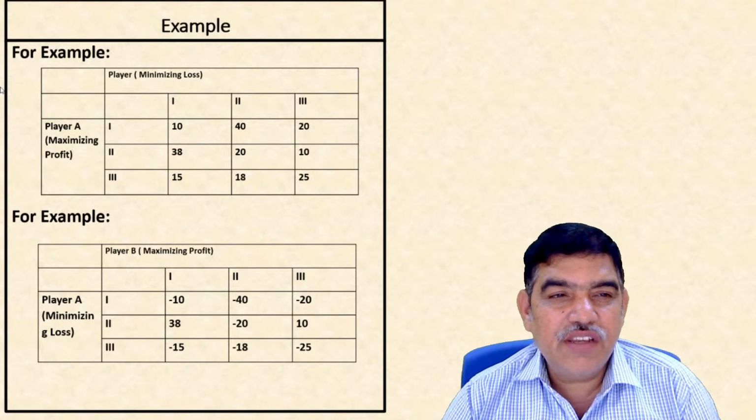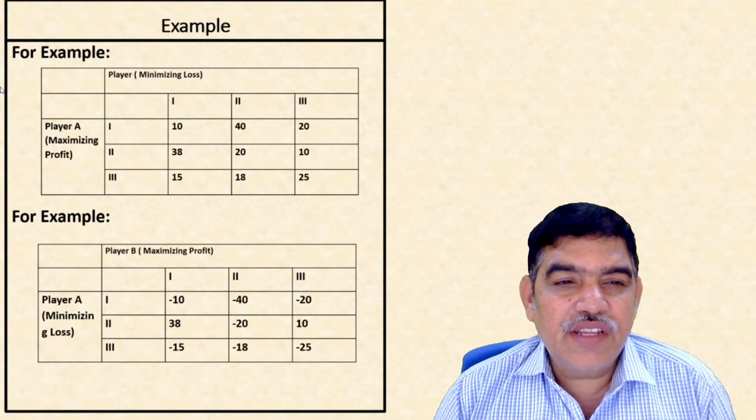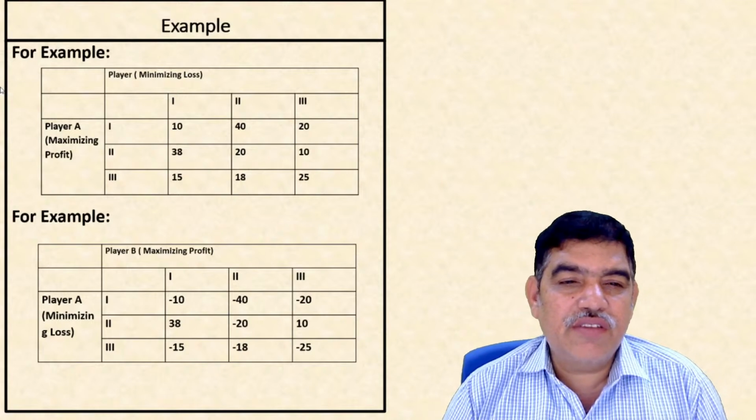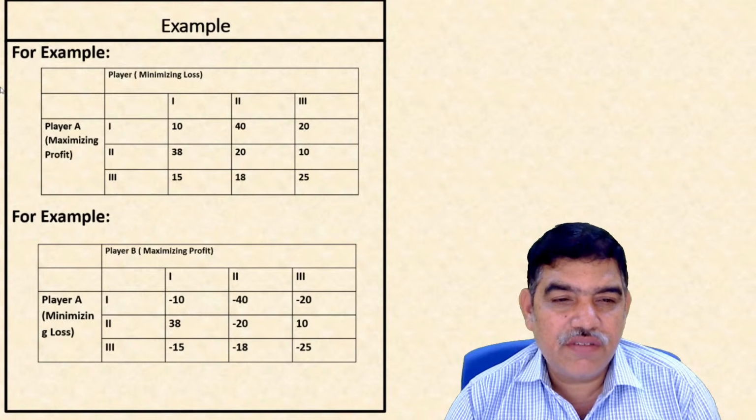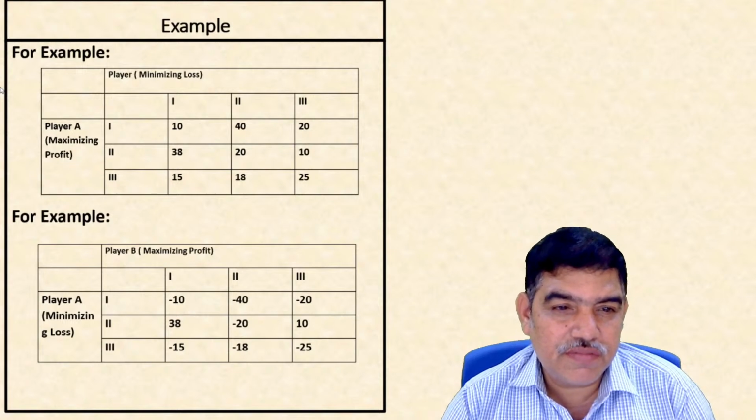Similarly, the other entries are 40, 20, 38, 20, 10, 15, 18 and 25. What is the meaning of this?